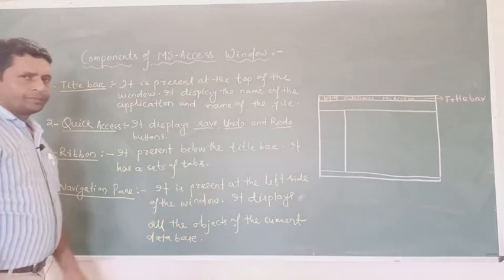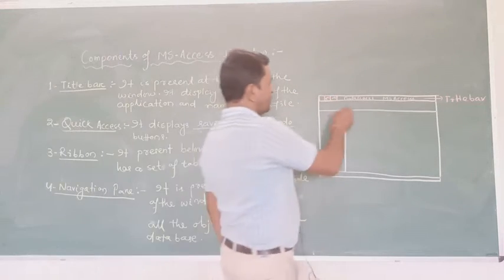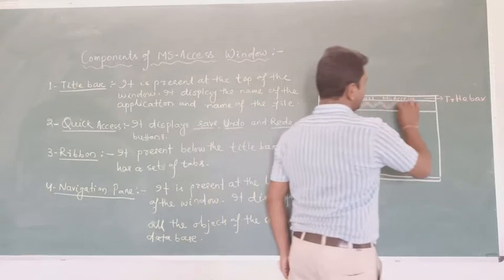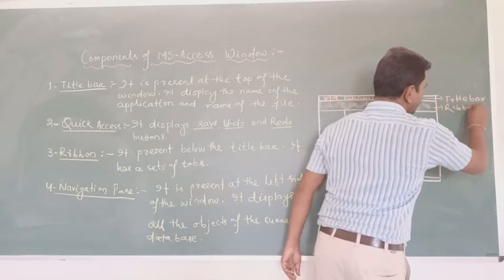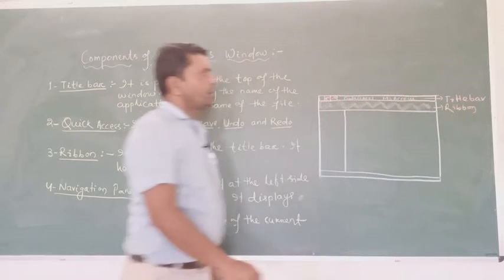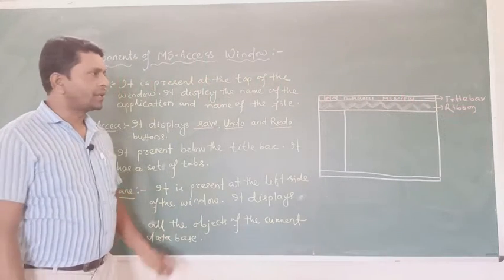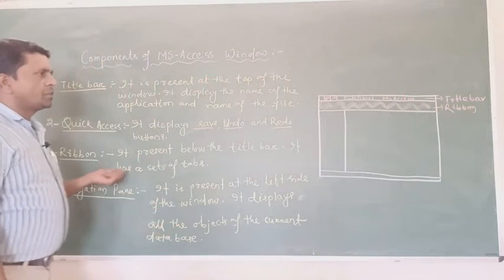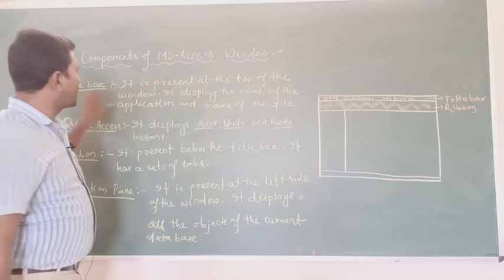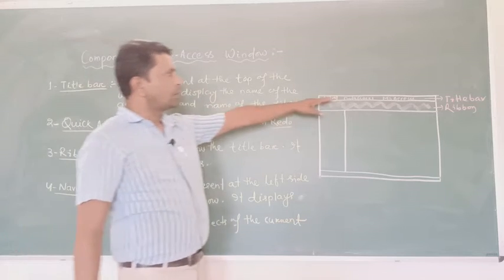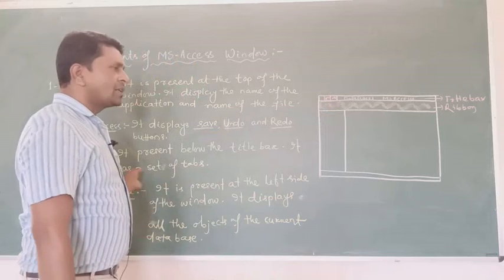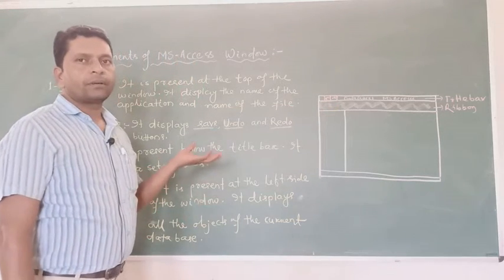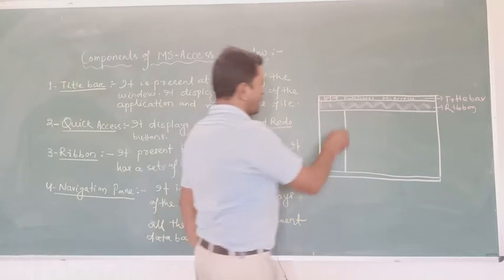Next is the ribbon. This part is called the ribbon. It is just below the title bar, and it has a lot of tabs.